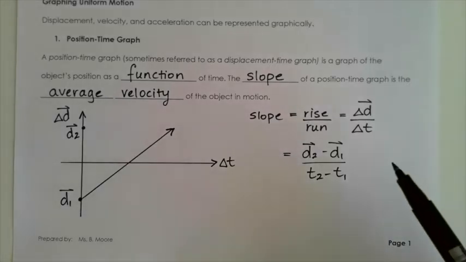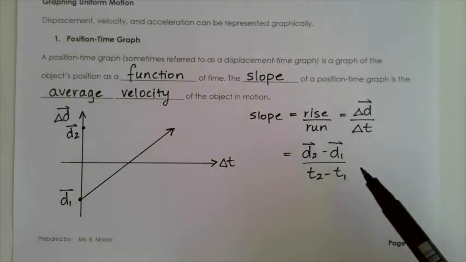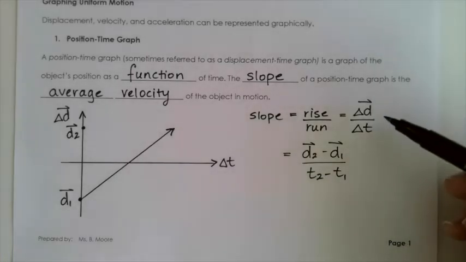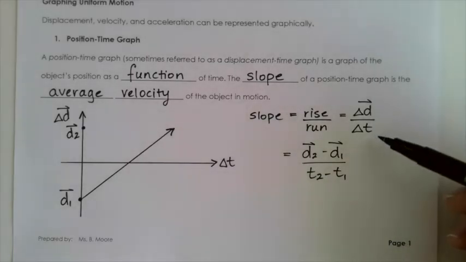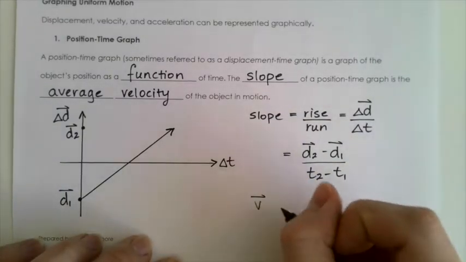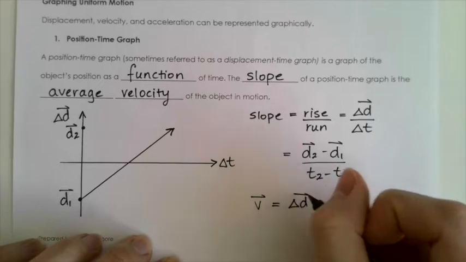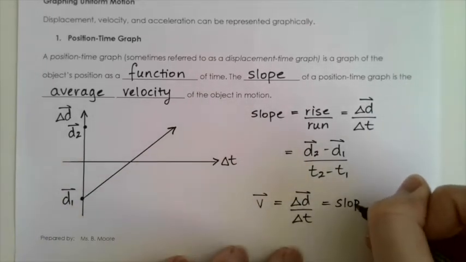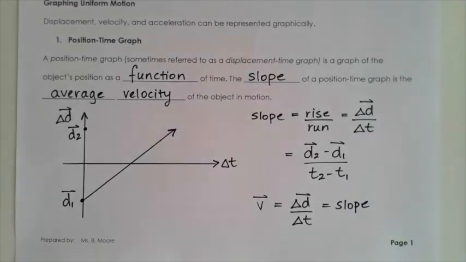Now the reason why the slope of this graph gives us the average velocity of the object is because you'll notice that change in position over change in time is also the definition of velocity. Velocity is defined as delta d over delta t. And this is why the slope gives us the velocity.